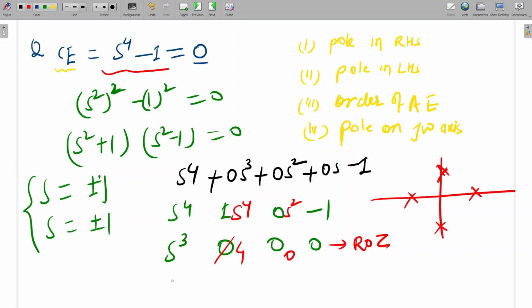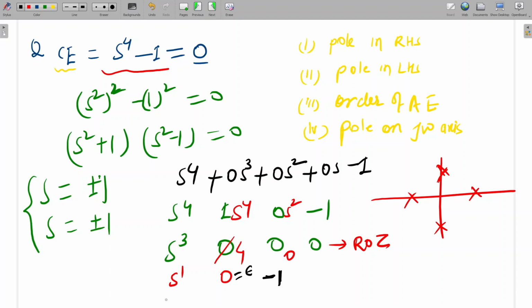What will be the s to the power 1 value? First will be (4 into 0 minus 1 into 0) by 4, which is zero. What will be the next value? Second value: (4 into minus 1) minus (1 into 0), divided by 4, that will be minus 1. So this is not row of 0; this first element we assume epsilon.